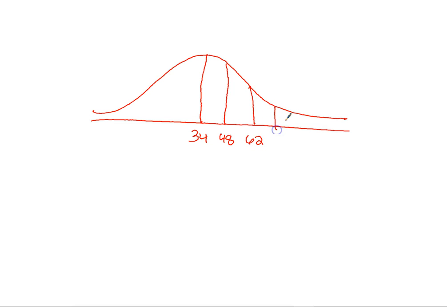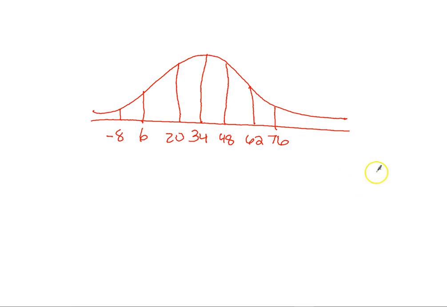One more time, which is 76. So that's 3 standard deviations above. Now let's go doing below. So 34 minus 14 is 20. 20 minus 14 is 6. And 6 minus 14 is negative 8.